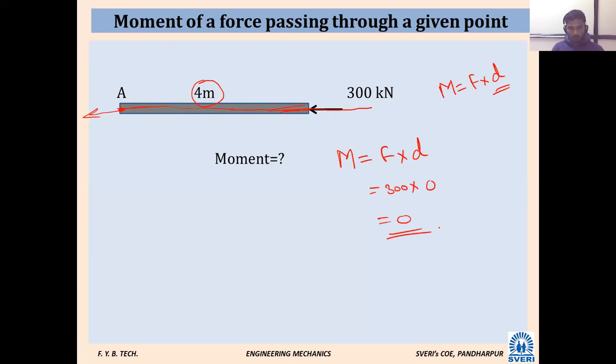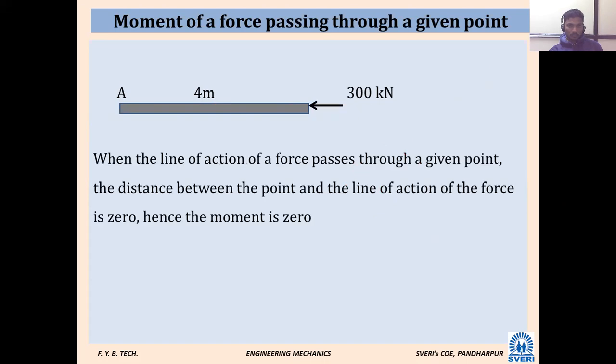This one is most important, so you can note down in your notebook. If line of action of force passes through a given point or desired point, then moment due to that force will be 0. The rotational effect of that force at that point will be 0. Getting? Understood? Yes, sir.